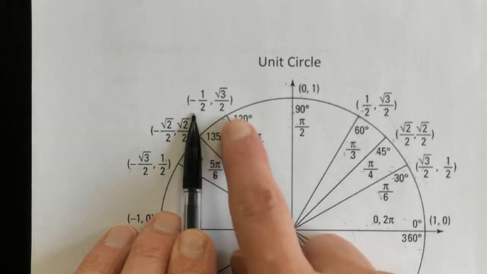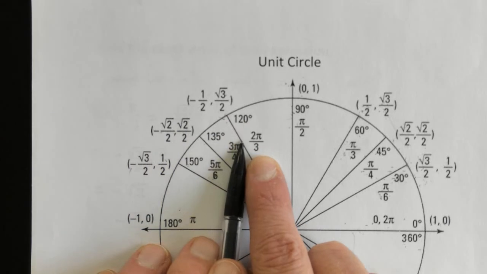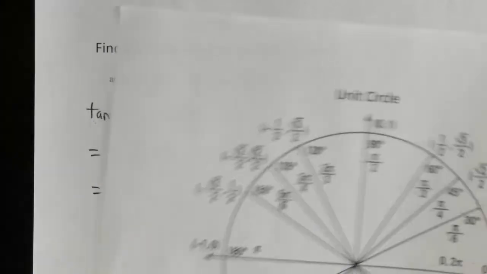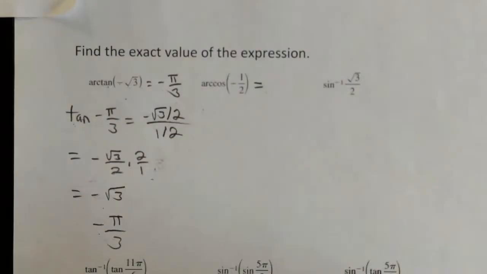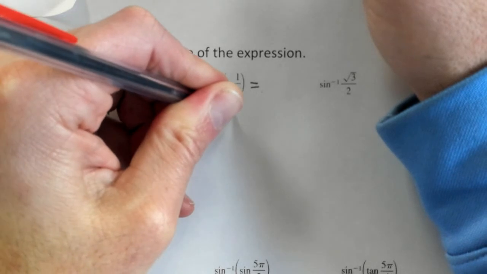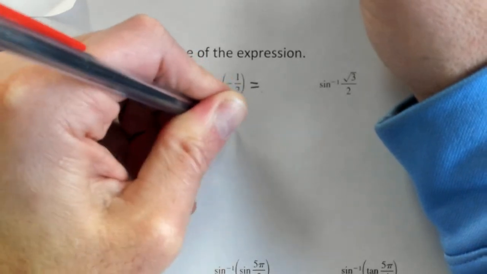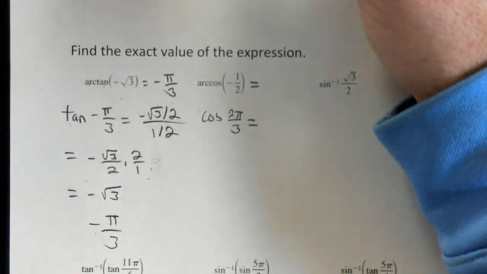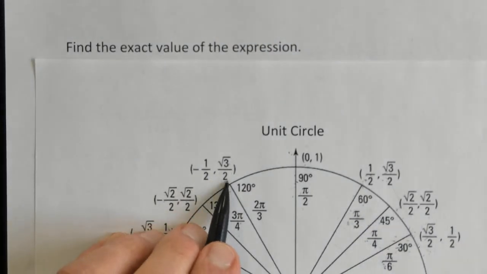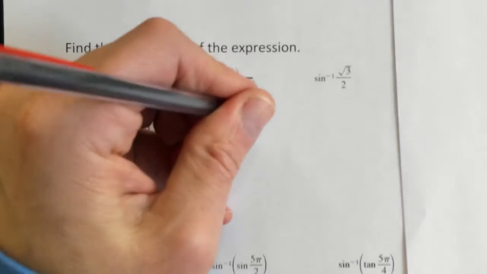I found one here at 2 pi over 3, and so let's just plug it in and verify that that is correct. So the cosine of 2 pi over 3 is equal to the x-coordinate, which is negative 1/2.